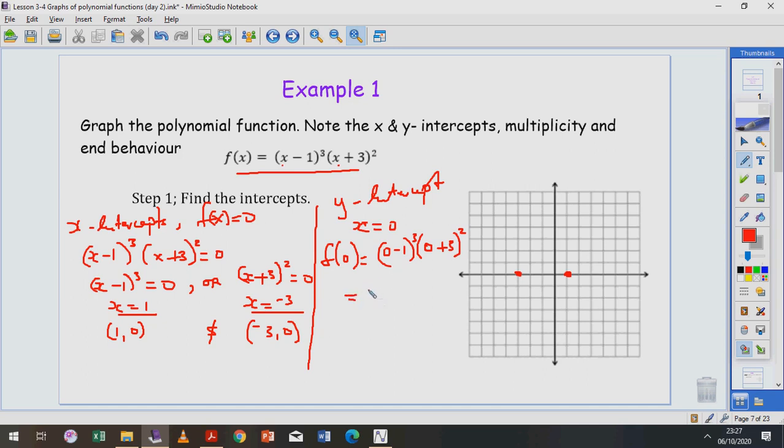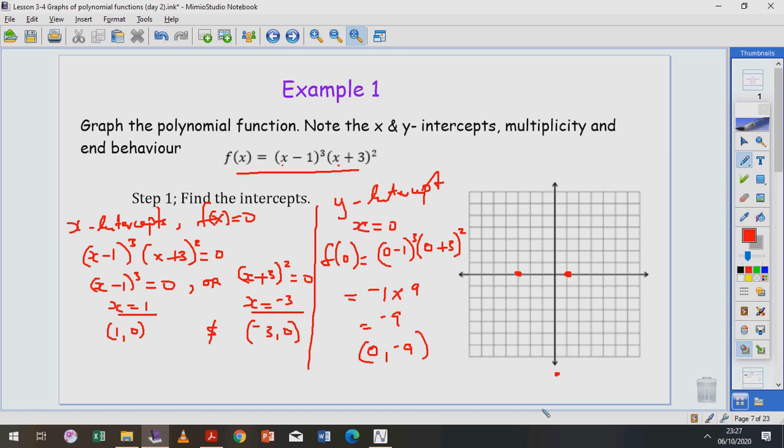So this will give me (-1) cubed, which is -1, times 3 squared. 0 plus 3 is 3 squared, which is 9. So my y-intercept is -9, and that point is x is 0, y is -9. So that point is 1, 2, 3, 4, 5, 6, 7, 8, 9, somewhere down here.